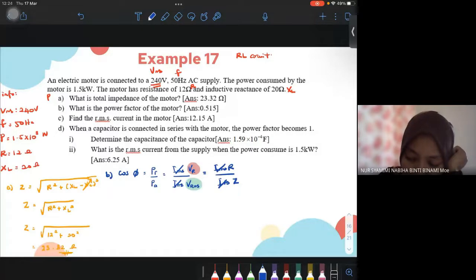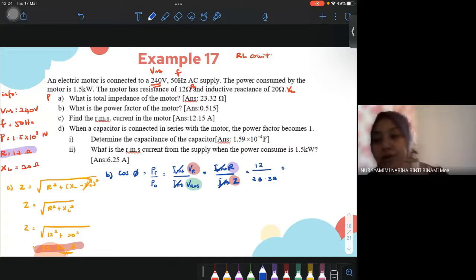Yes, we do have R. Do we have Z? We also have Z. So, we can find the power factor by using this formula. So, cos φ is R over Z. R is 12. Z is 23.32. So, what is cos φ?